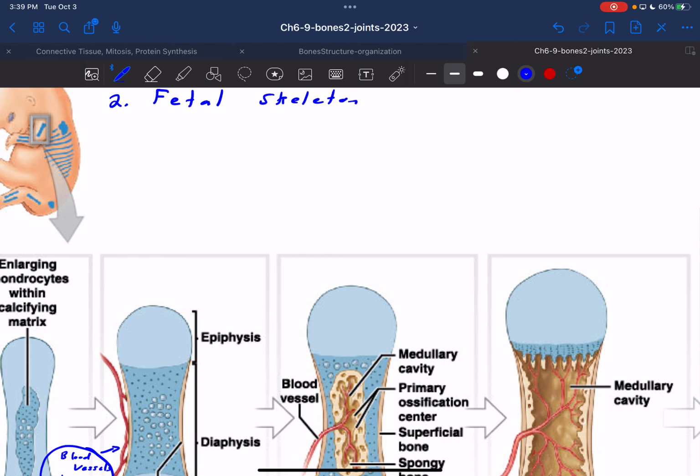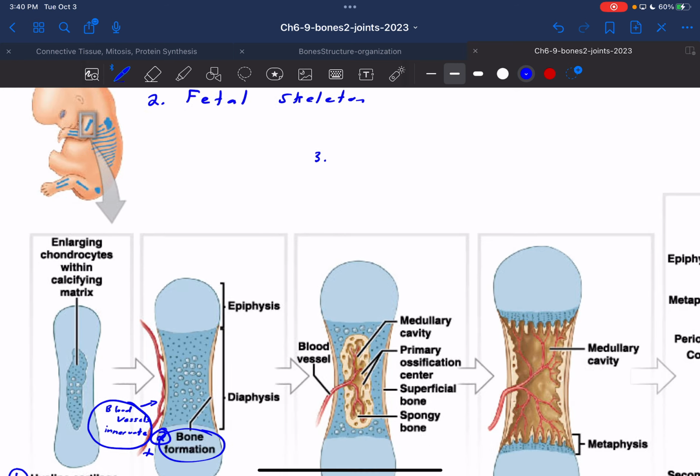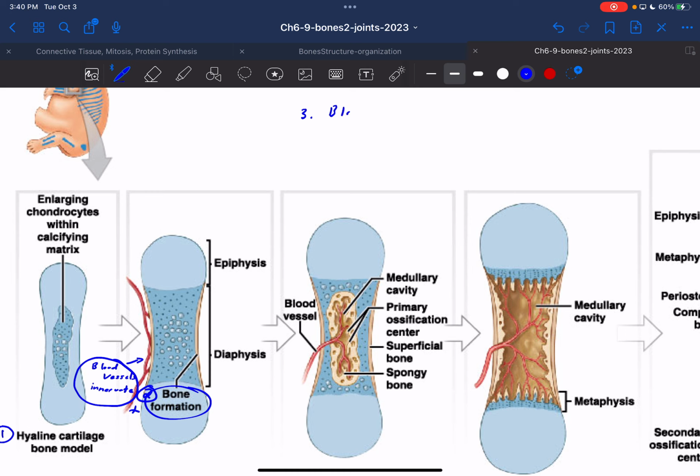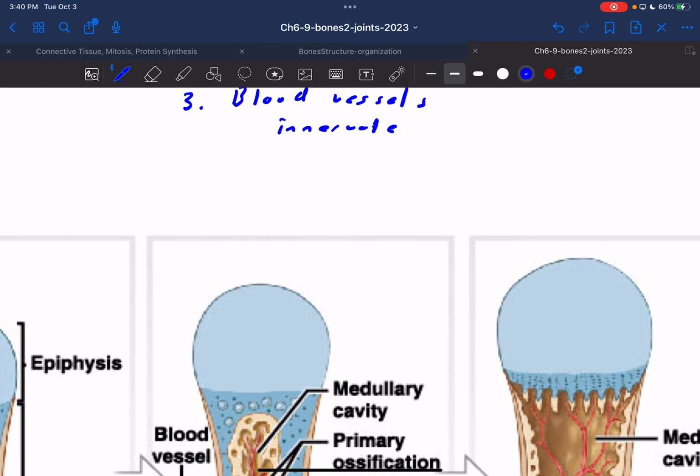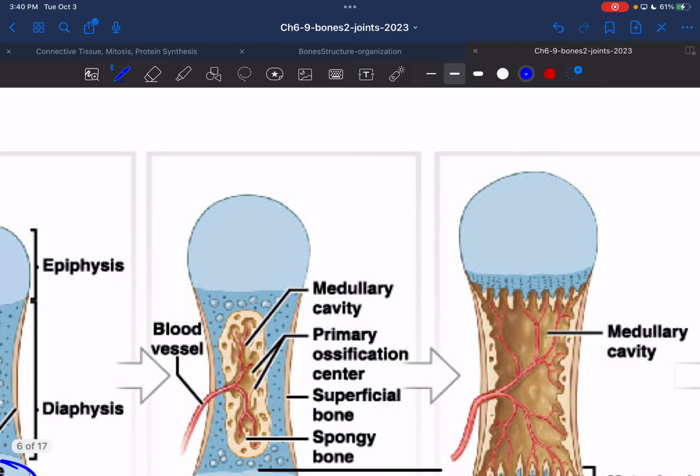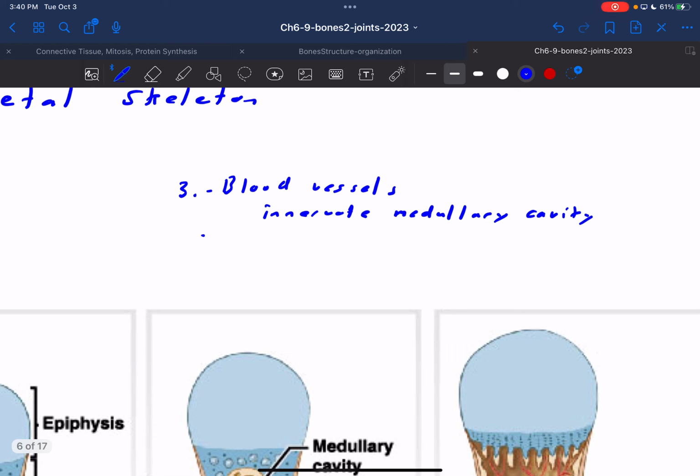Number 3 up top, we're going to say blood vessels innervate medullary cavity, forms primary. I'm going to put 1 degree to mean primary. Primary ossification center.